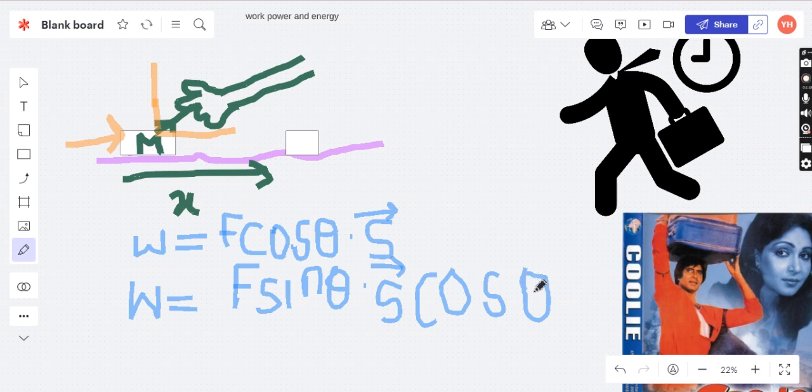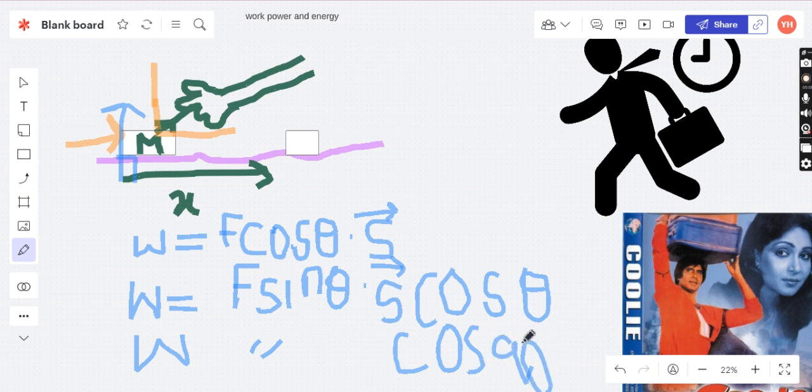As we can see here, the angle is 90 degrees. Displacement takes place in the direction where the x component is acting, so the angle between them is 90 degrees. So W is equal to the same term times cos 90. We are aware that cos 90 is equal to 0. So the complete work done will be equal to 0.